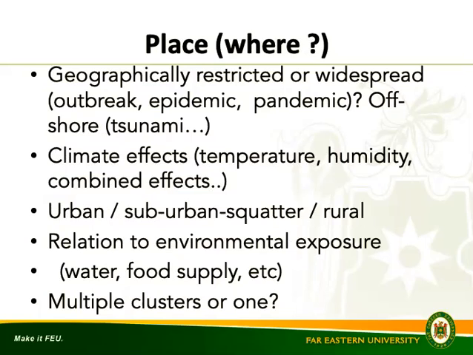So, describing the occurrence of disease by place provides insight into the geographic extent of the problem and also its geographic variation. So is it geographically restricted or widespread? Is it an outbreak, epidemic, or pandemic? Is it offshore, like in the case of a tsunami?